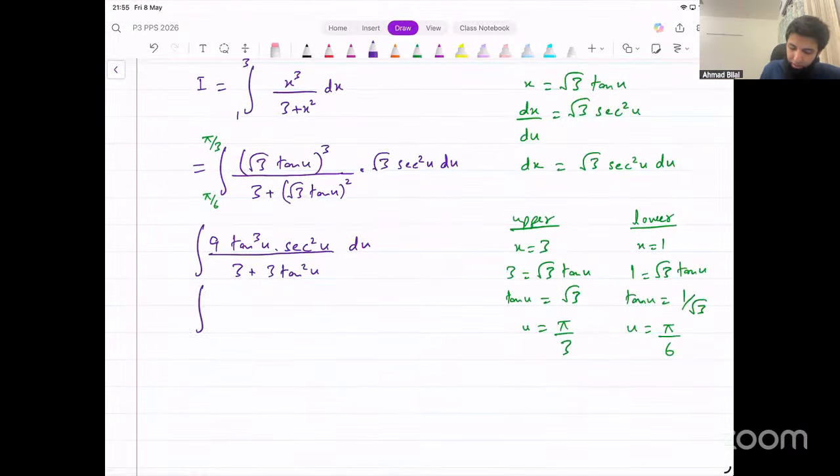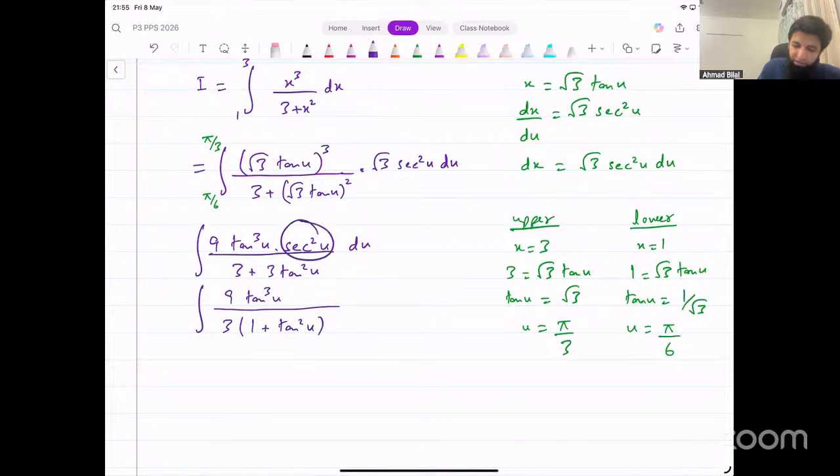Now let's simplify this further. In the denominator, I can take 3 common. That leaves me with 1 plus tan²u. Sec²u can also be written as 1 plus tan²u. So these two get cancelled.